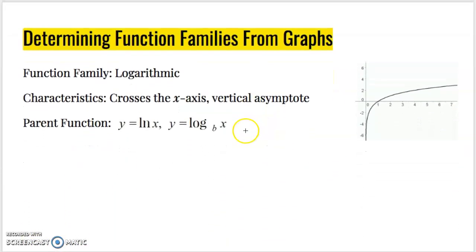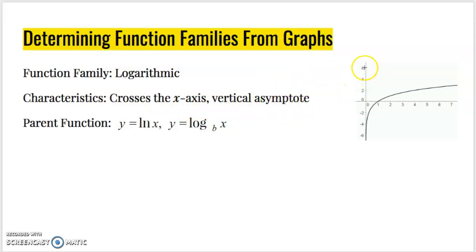Next, we have a logarithmic equation, and this is the one I wanted to differentiate from radical, because obviously this one kind of looks like a wave as well, but there are some other important characteristics about logarithmic equations that are easy to identify it and separate it from a radical equation. So a logarithmic function family always crosses the x-axis, and then it has a vertical asymptote. Now, asymptote might not be a word you've heard in a while.